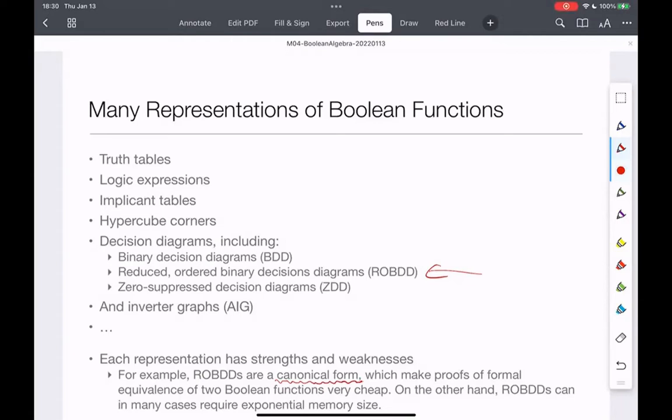And I want to convince myself that that expression is the same as the expression that I want. That's a problem of equivalence checking. These ROBDDs can do that very efficiently because they're canonical. The flip side, though, is that in some cases they may take an exponential amount of memory to store. So they're not terribly efficient.